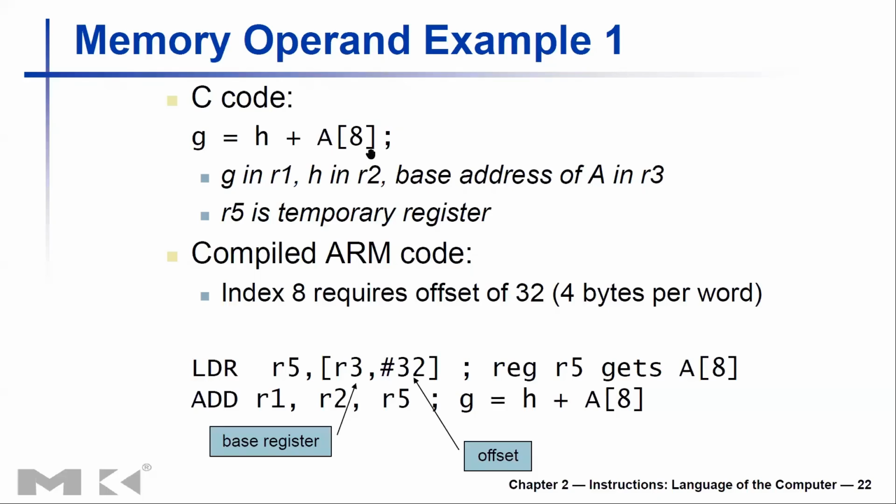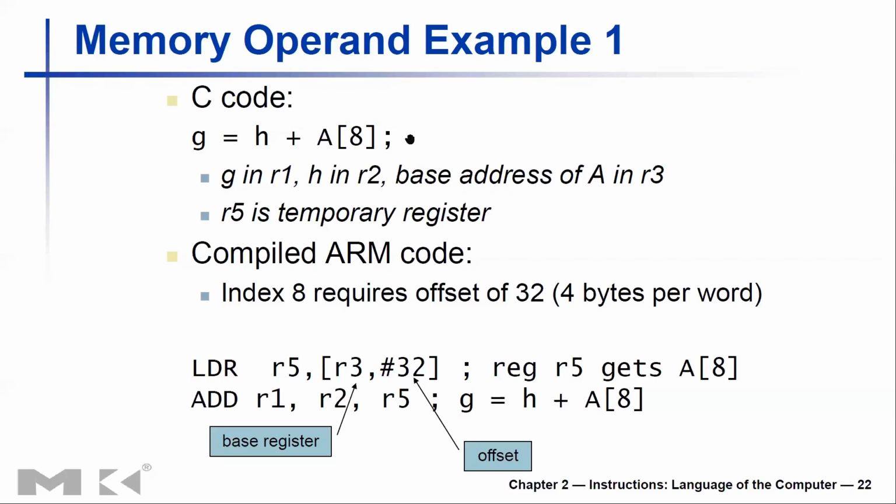We are assuming that this array is not stored in registers but in memory, because an array is well suited to be stored in memory, since it has a lot of elements and the register file is not enough to store all of that.